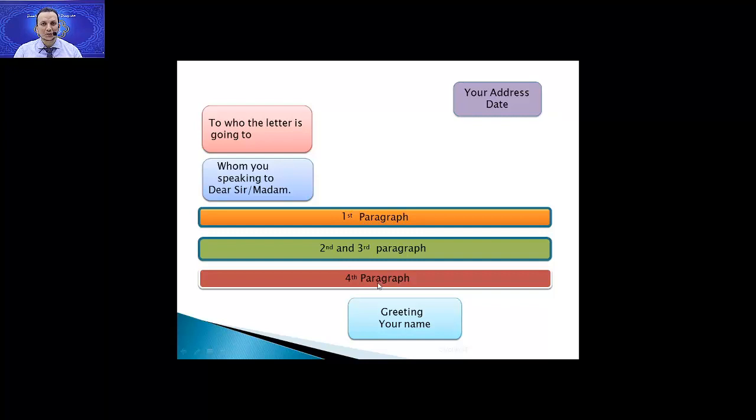In the fourth paragraph, you can give some solutions and suggestions, like "I kindly ask you to" or "I suggest to." At the end, write the closing sentence, like "Waiting for your reply" or "Look forward to hearing from you," and then the greeting, yours faithfully or yours sincerely, and then your full name.